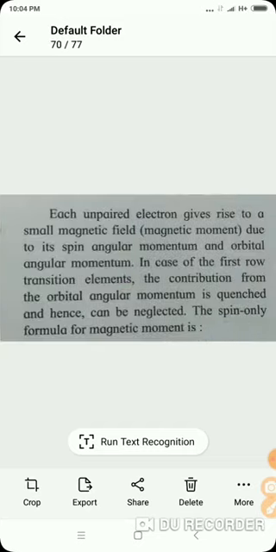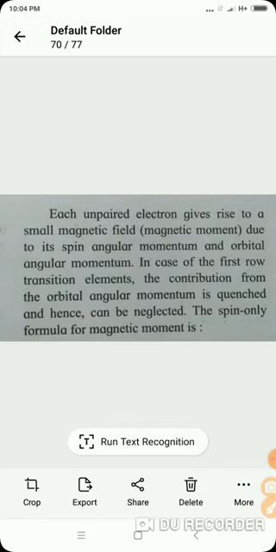Now next part, listen. We know that the transition elements mostly contain unpaired electrons, and due to these unpaired electrons they show properties like ferromagnetism, diamagnetism, and paramagnetism. Each unpaired electron gives rise to a small magnetic moment or small magnetic field.